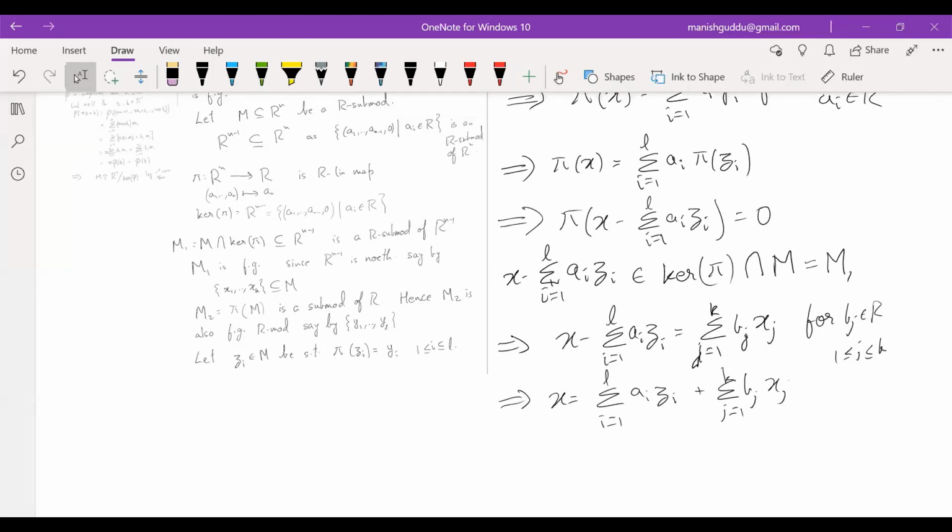I'm saying, can we give any nice description of the submodules of Rn, like we did for ideals? Oh, I see. Not really. It can be very crazy. In nice cases, you can say it's finitely generated if R is Noetherian, but in general it could be very crazy.